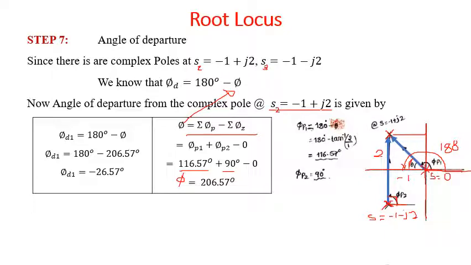So we write phi d1 equal to 180 degrees minus phi. So 180 degrees minus 206.57. The angle of departure will be minus 26.57. Here we are going to get the angle of departure, so we have to measure minus 26.57 degrees, a negative sign.